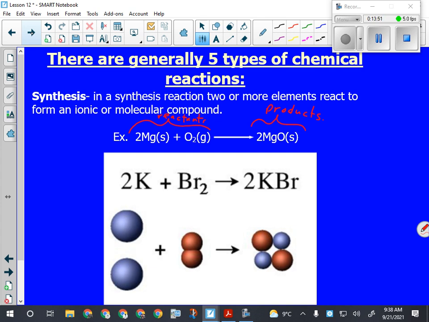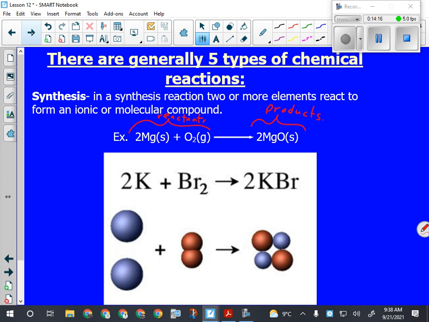So in a synthesis reaction, there are going to be 2 or more reactants. It's usually 2 elements, and they're going to react and form a single compound as the product. In this case, I had 2 magnesium atoms react with 1 molecule of oxygen to form 2 molecules of magnesium oxide. What's the S and the G for?